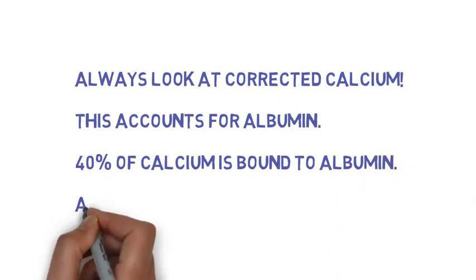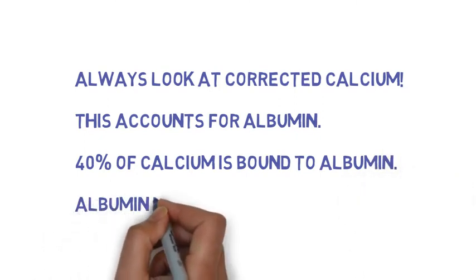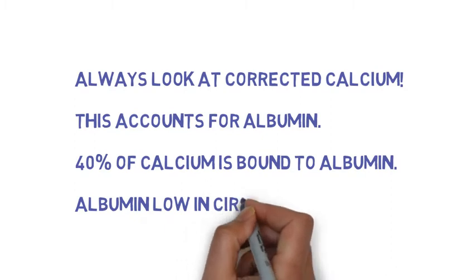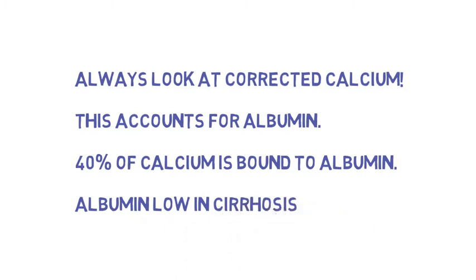And diseases that lower the level of albumin in the blood, such as cirrhosis, can increase the level of active calcium. So we really need to account for the amount of albumin in the blood.